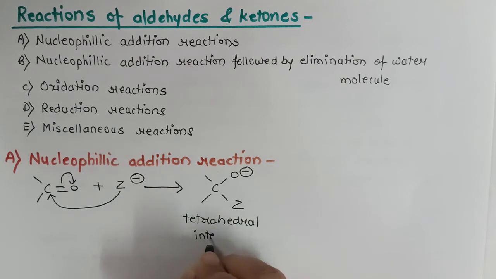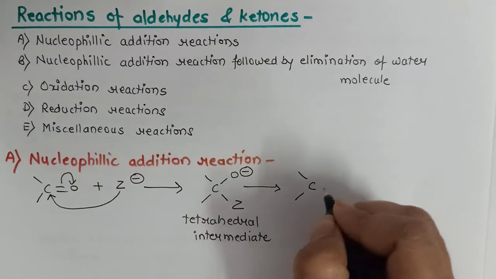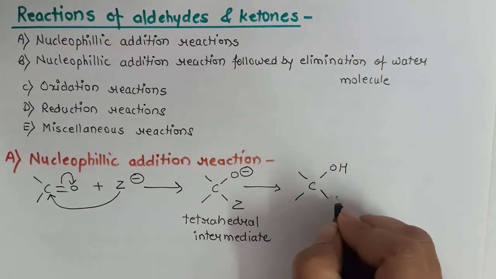Now there will be certain hybridization changes in this reaction. This tetrahedral intermediate stabilizes by forming the addition product.